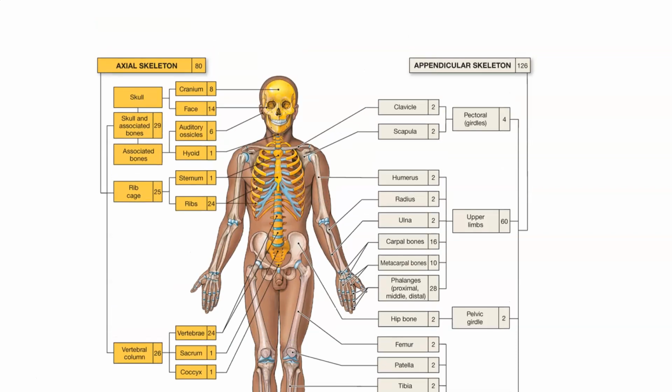Starting at the top left, looking at the axial skeleton, the skull is divided into the cranial bones and the facial bones. The cranial bones form the part that protects the brain, and the facial bones are located in your face.